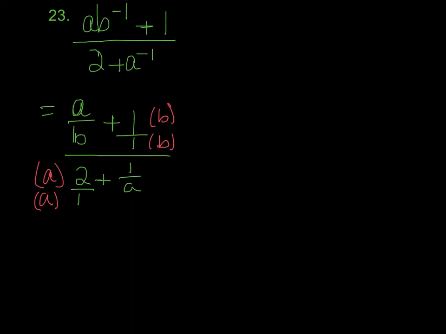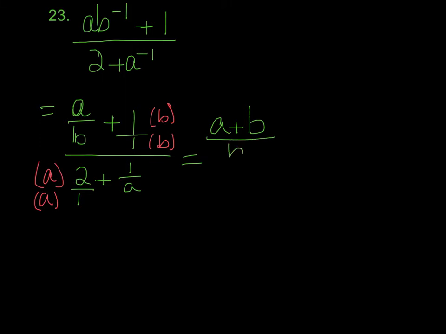Now, if I look at what I've got here, I'm just going to follow this over to the right. My new numerator is going to say a plus b over b. My stylus doesn't seem to want to work here. There we go.